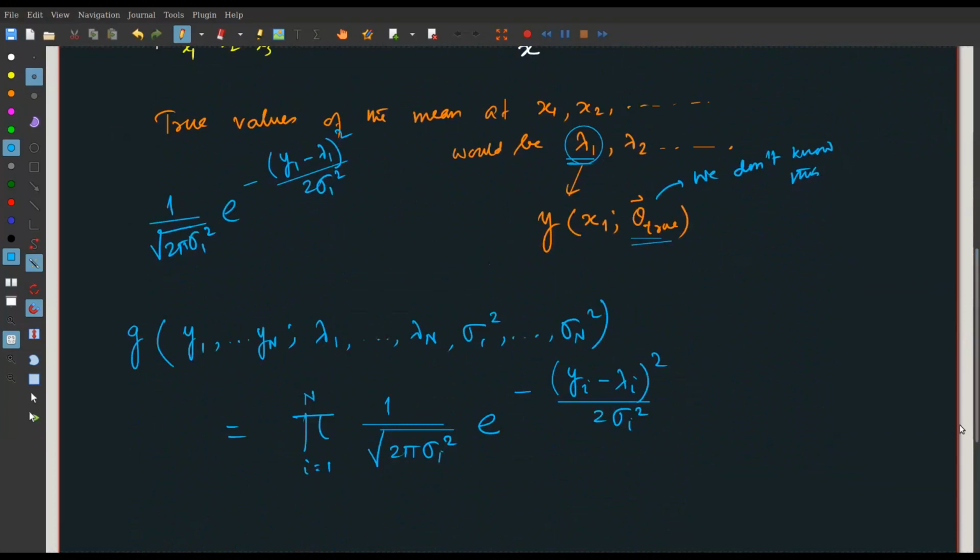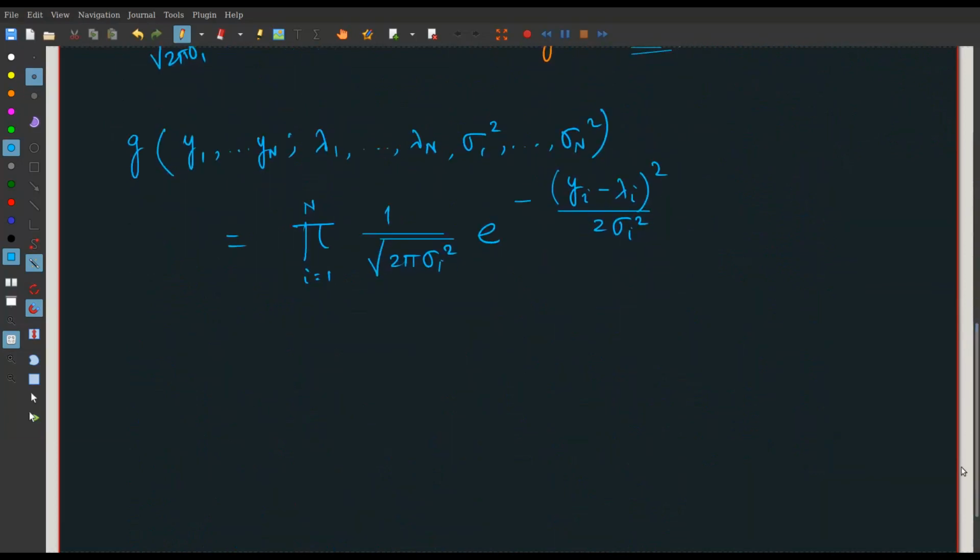All right. Now, this is roughly the probability. Then my log likelihood function will be just the logarithm of this distribution.